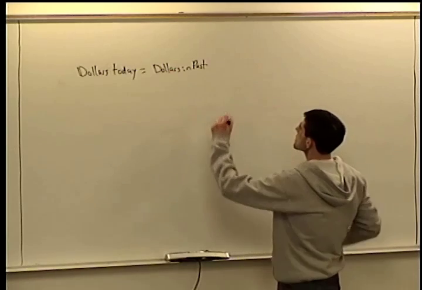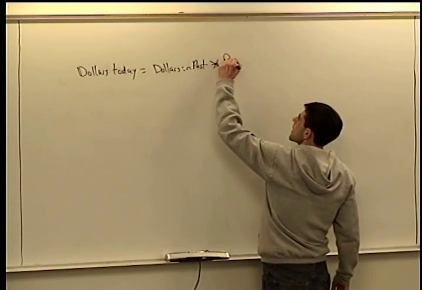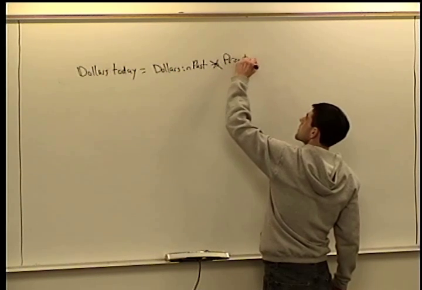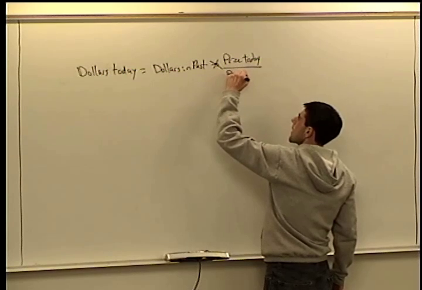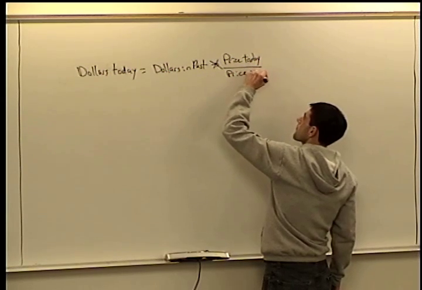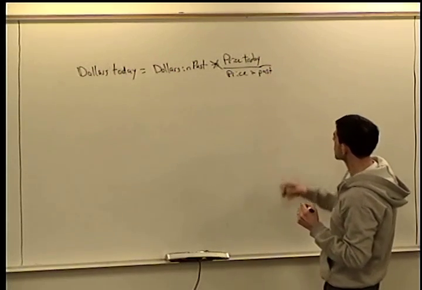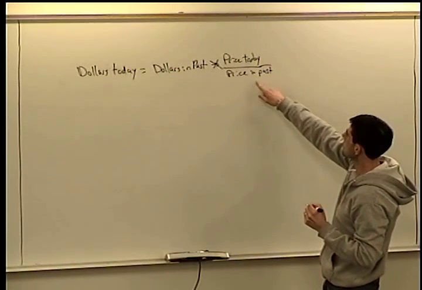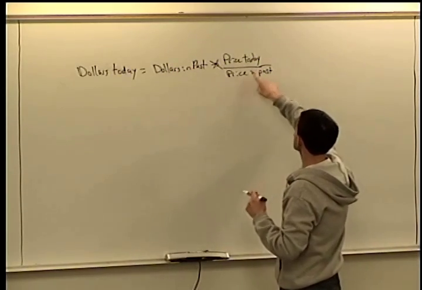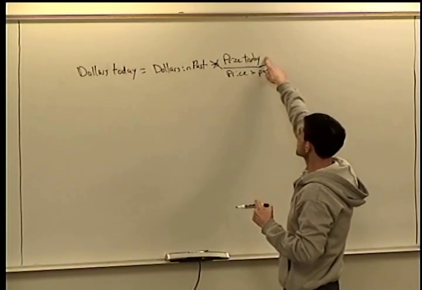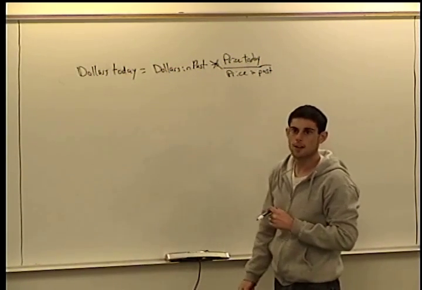If I know the price today, I multiply by the price today, and then I divide by the price in the past. What this is telling me is that the price in the past times dollars in the past cancels out. I multiply by prices today, and that gives me dollars today.